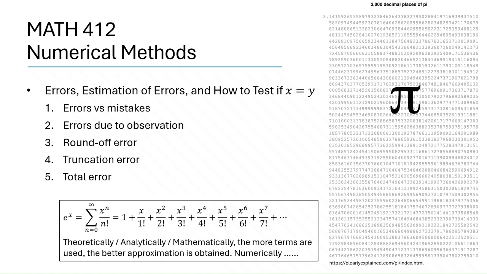Say, for example, pi. We know pi is an irrational number. So when you do some calculation involving pi, you need to choose a value, and the computer cannot save infinitely many decimal places, right?